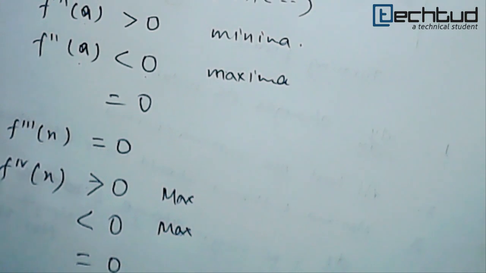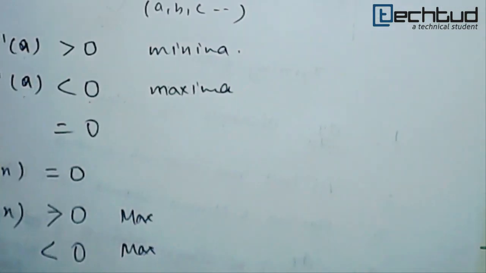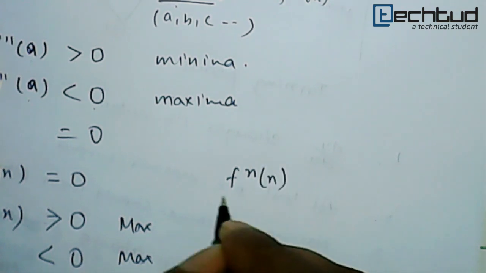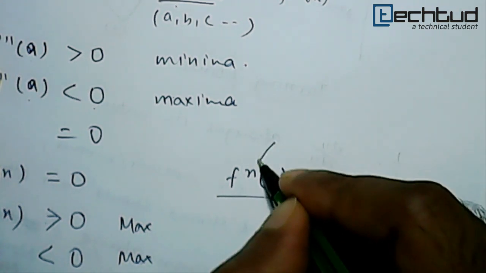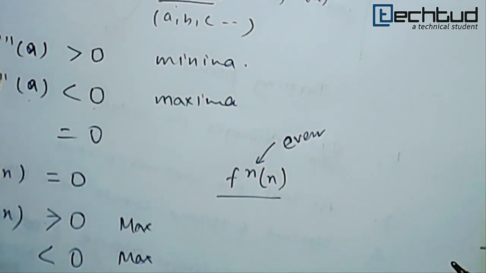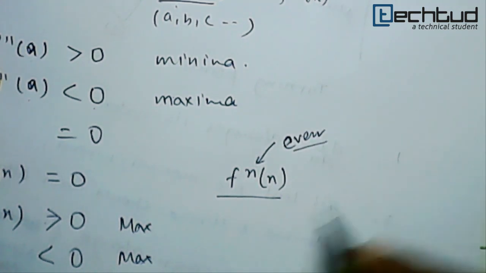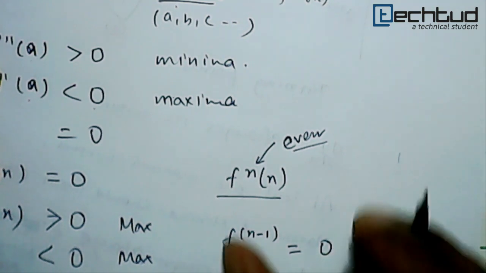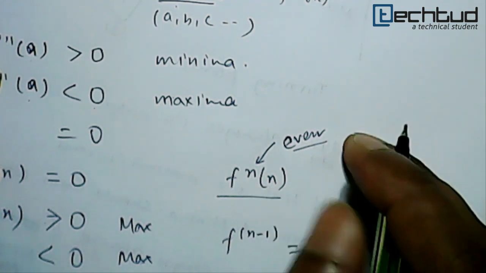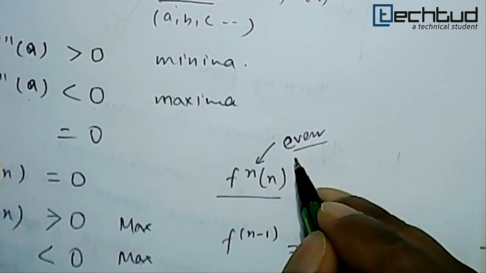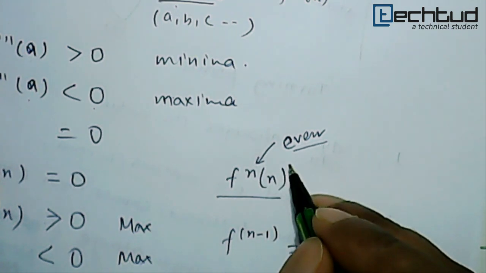So in general, what I am doing is going up to fn(x), proceeding up to n where n is even. If f(n-1) is equal to 0, I proceed up to fn, and depending upon the value of fn, whether it is negative or positive, we decide whether it is maxima or minima.